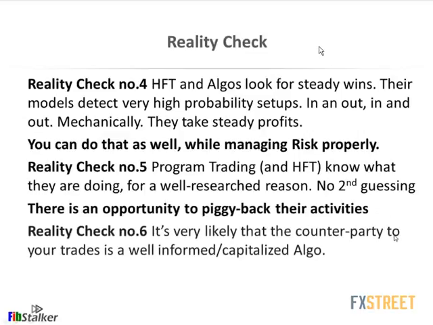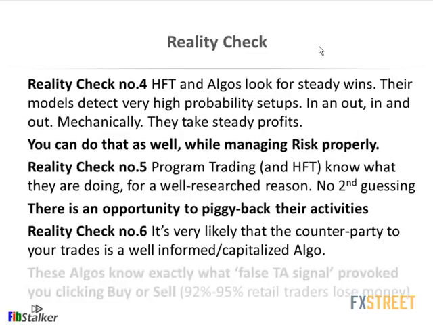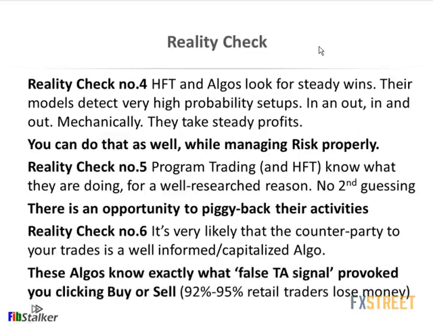Reality check number 6 is very likely that the counterparty of our trade is actually an algorithm, and also well-capitalized, well-informed algorithms. And I showed you that before, because more than 45%, probably more than 50% in Forex is algorithms, right? So these algorithms also are very, very informed.